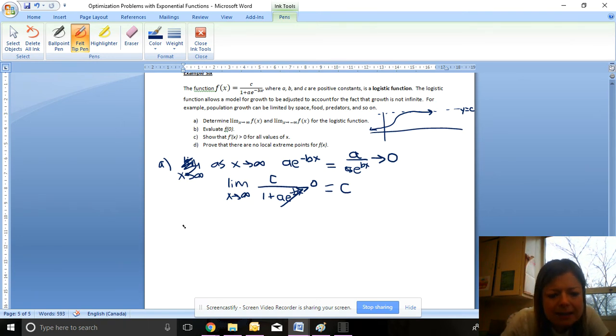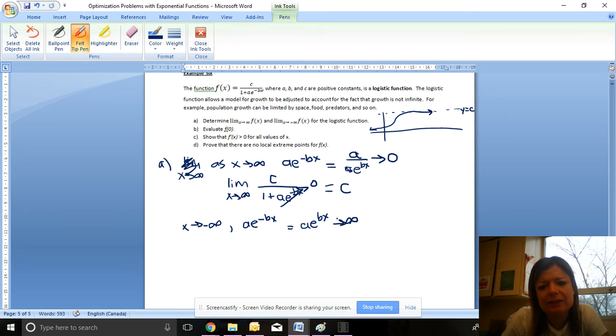So what happens as x goes to negative infinity? Well, then we have this a e to the negative bx, which would become a e to the bx, because now our x is negative, and so that approaches infinity, because this is getting hugely large.